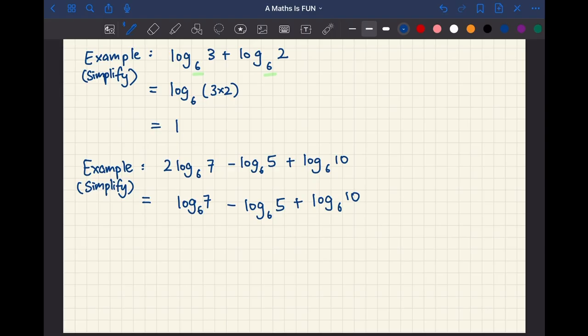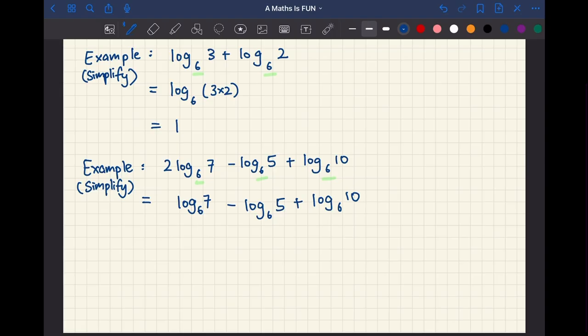All right. And that is for the first example. For the second example, I have 2 times log 7 base 6 minus log 5 base 6 plus log 10 base 6. Again, first thing you want to look at is, do they have the same base? If they don't, then I will have to apply the change of base law. But it turns out they are all of the same base. So here I would just try to combine them.